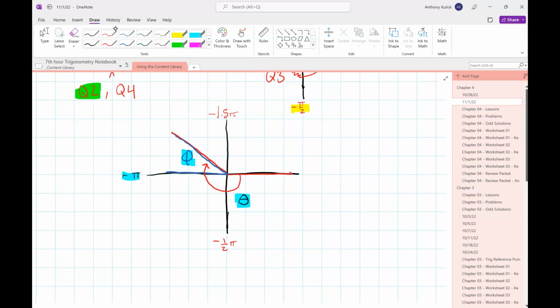Okay. So I have to ask myself, is theta bigger or smaller than negative pi? Well, if it was the same, it would have stopped there, right? You would want to say bigger, because the angle goes past negative pi. That's wrong, though, because it's actually more negative than negative pi.